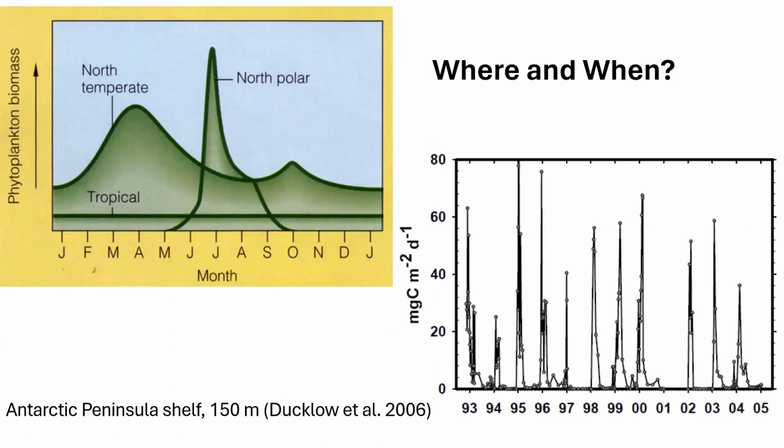If we think about how things vary globally, this is a very simplified picture of variability, but it's really important. Tropical is about the same throughout the year. Go north temperate, we have these different maximums related to length of day, nutrient inputs, all sorts of other things. We go to the north polar, we have this spike in the middle. So if you're measuring here and here, there's a lot of variability that you're missing in some of those environments.